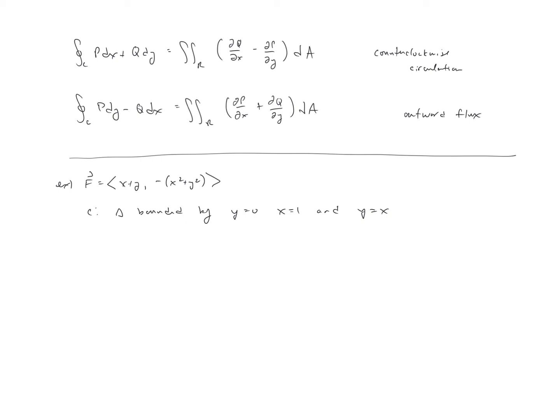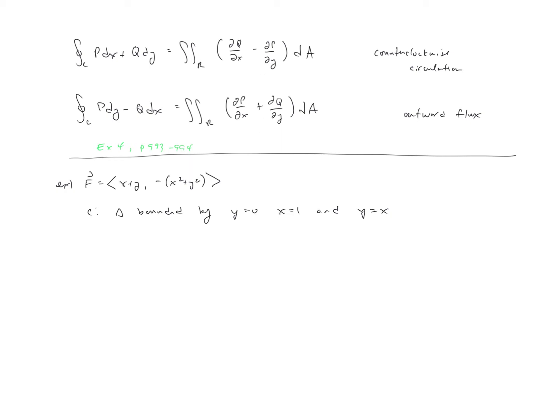Now, to avoid any confusion and to convince you that these things are in fact doing what they should be, I would encourage you to take a look at example 4 on page 993, and then it carries on to page 994, and it shows you how these two things are related. But for right now, the setup that's going to allow us to compute counterclockwise circulation most easily will be this, and then outward flux will be this.